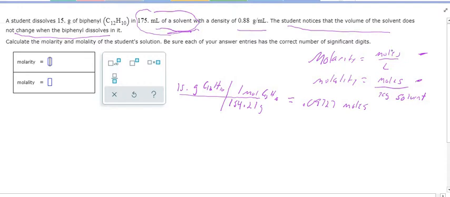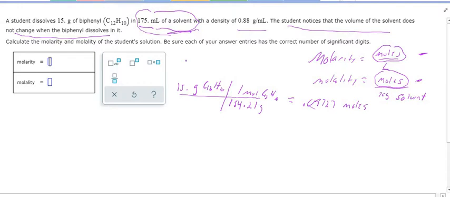So when I do these equations, I'm going to put this number, 0.09727, into the numerator for molarity and for molality. Let's tackle molarity first. Remember, molarity is moles per liter. It gives us the volume in milliliters, but we can solve for liters.